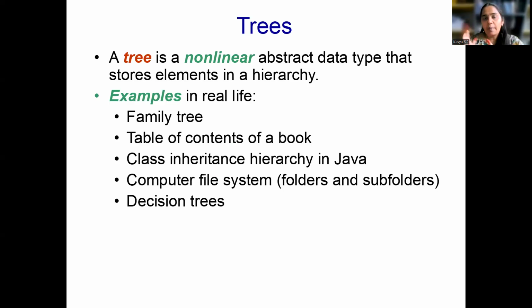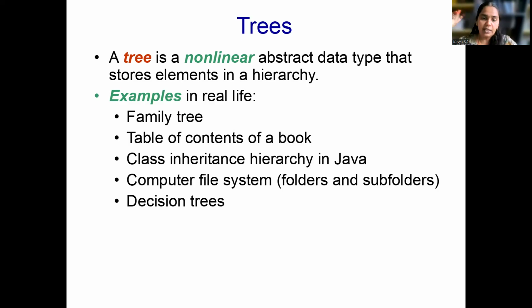This family tree is said to follow tree data structure, and the table of contents in any particular book for that matter is again said to follow a tree data structure. The inheritance hierarchy has parent node and child node, where it extracts the features, methods and attributes from the parent class.